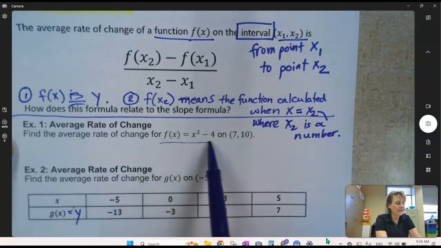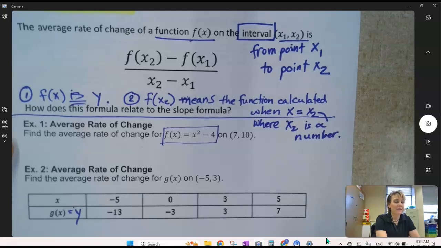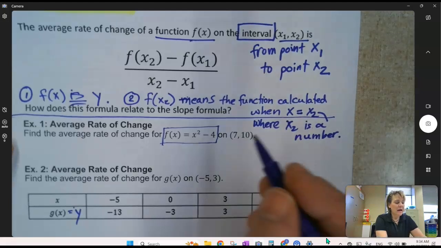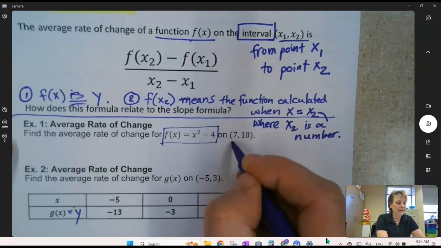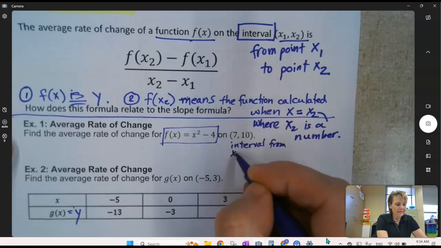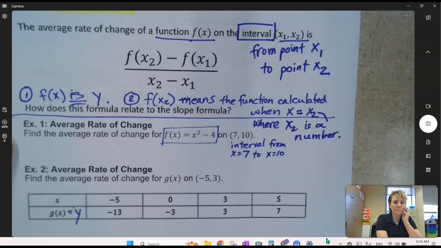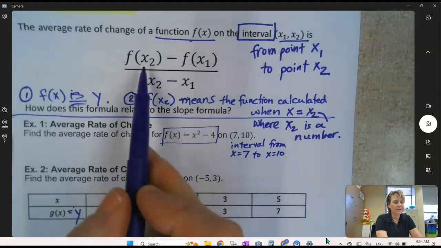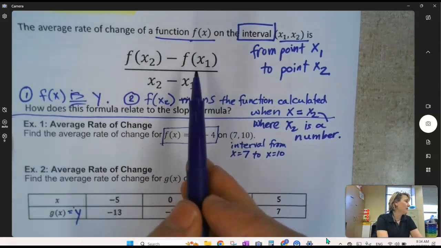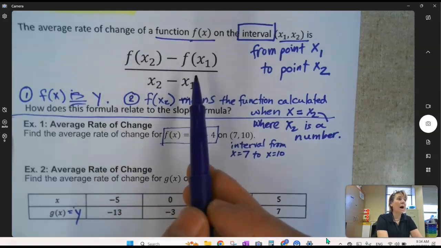So if you look at this first example, we actually have f of x being defined as a function on this interval, the interval from x equals 7 to x equals 10. So we're going to substitute the values x equals 7 and x equals 10 into the function for the top part. So we're literally calculating the f function twice.